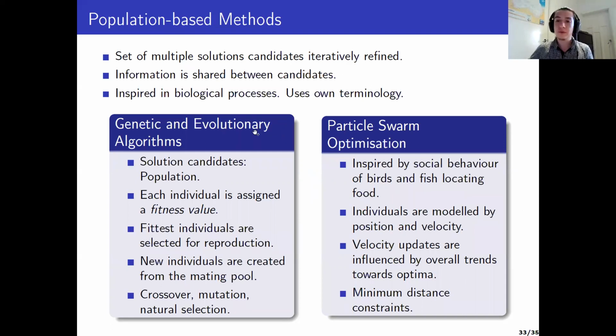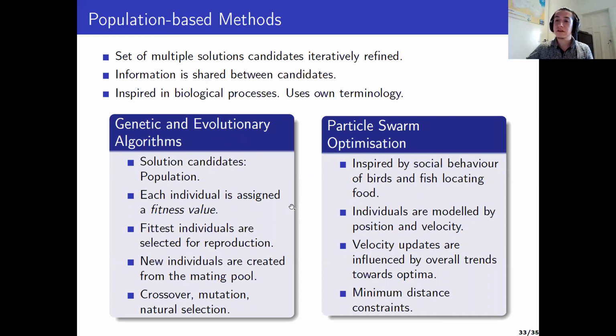One of the most popular ones are genetic and evolutionary algorithms, which use metaphors related to natural selection, crossover and mutation. The solution candidates are denoted as the population. For each individual in this population, we assign a fitness value that allows us to compare between them.